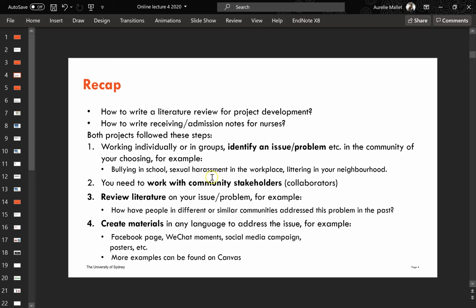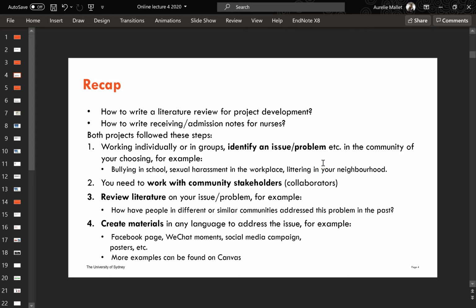So essentially, in creating the workbook for how to write a literature review for project development and the workbook on how to write receiving admission notes for nurses, the students had to first identify the issue and problem that they wanted to address. In the case of the literature review, it was essentially that there wasn't a lot out there about how to write a literature review for project development specifically.